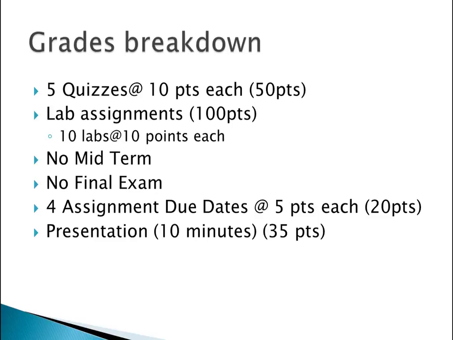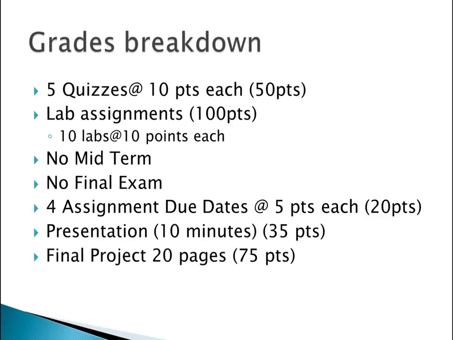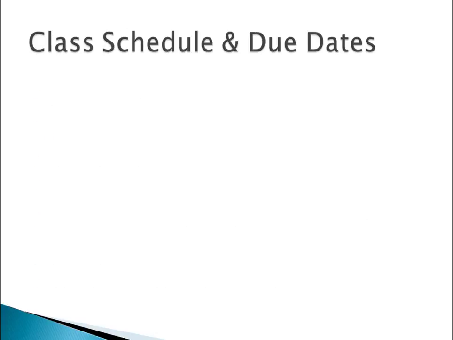You will also have a presentation for 10 minutes that you will record, and that is 35 points. And you will have your final project, which is a 20-page paper, and that is worth 75 points. 280 points total for the class, so kind of low pointage, but makes it easy for you to follow along and keep track of what you guys are doing.